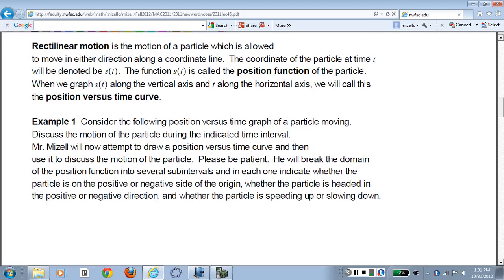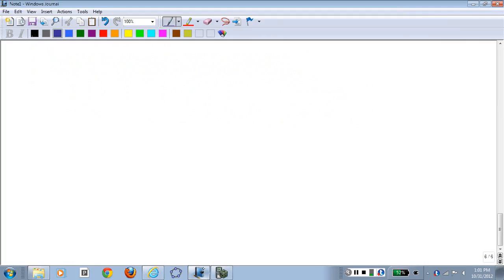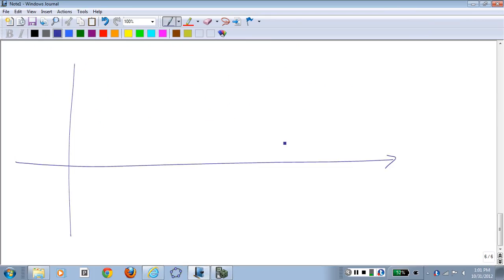So let's see. I'm supposed to make up a graph here. Sounds like a job for a good GeoGebra demonstration. Unfortunately, I don't quite have one. Let's start right here. The particle is on the positive side of the origin, and let 1 second tick away.